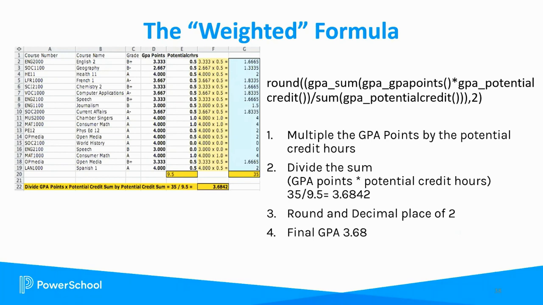So the simple, just a straight GPA divided by a number of grades, 3.61. This actually raises the GPA because some of those A's count a little bit more than others. So getting an A in consumer math weights it a little bit higher. So the GPA goes from a 3.61 to 3.68.